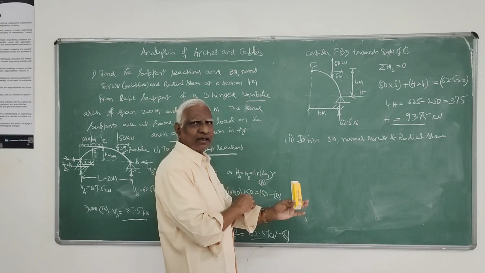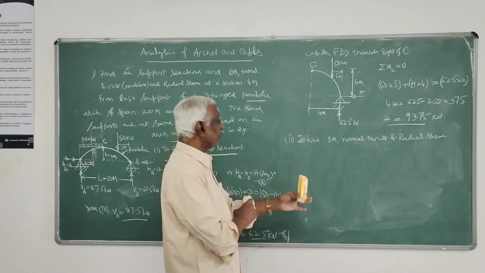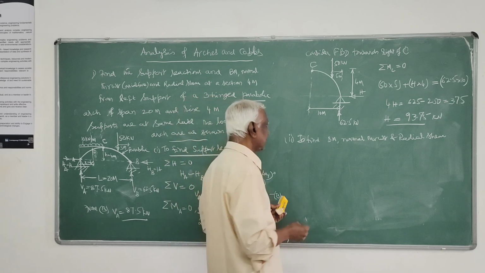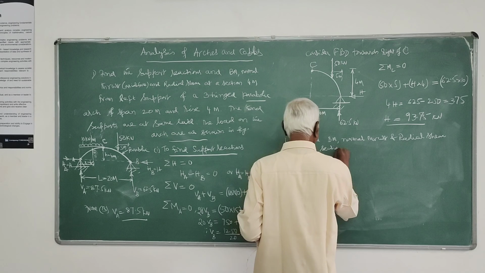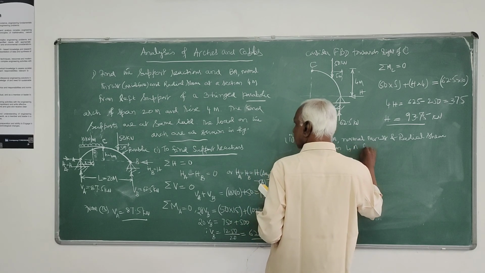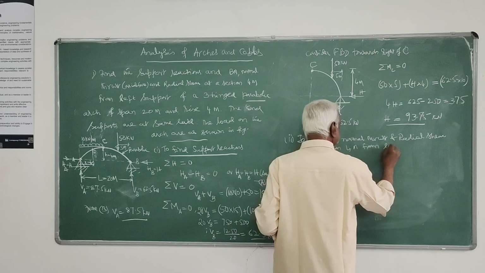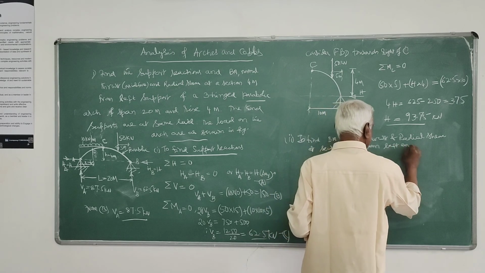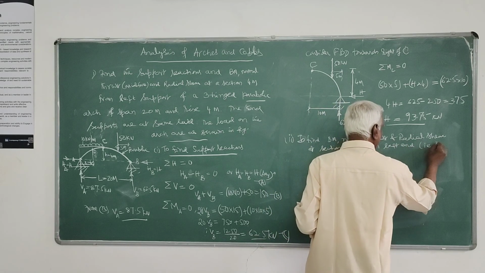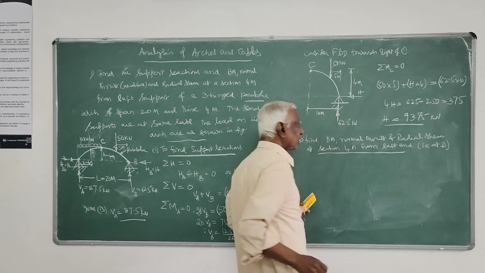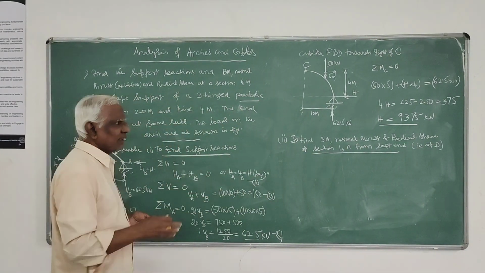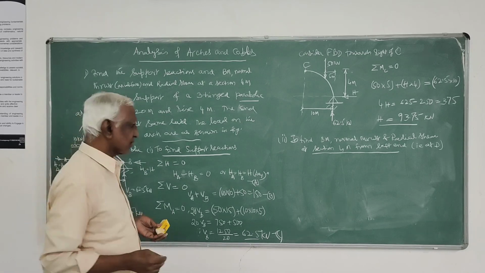Those three internal forces we will determine at a section 4 meters from the left end, that is at D. So you have to find out MD, ND and RD.